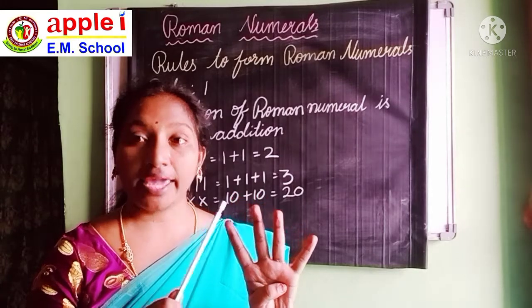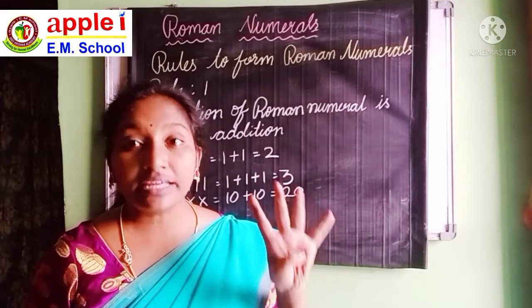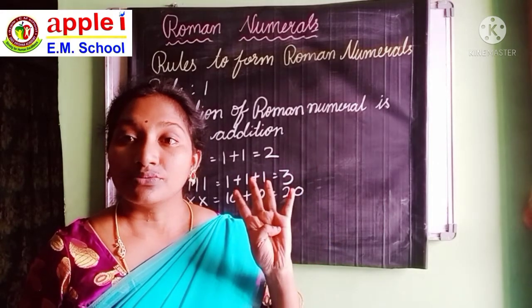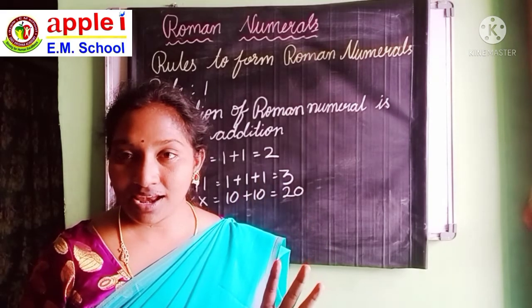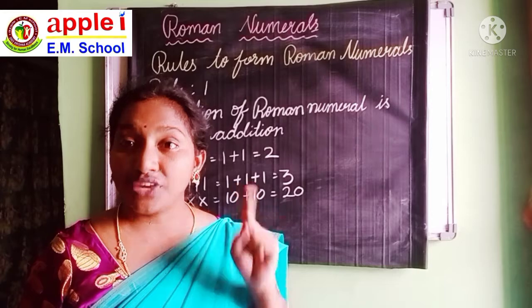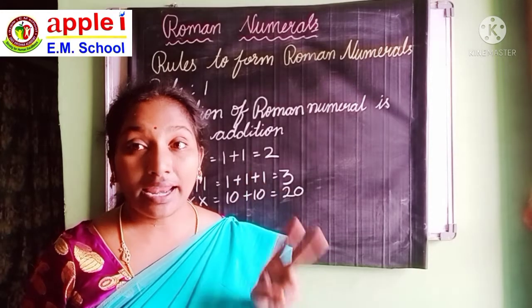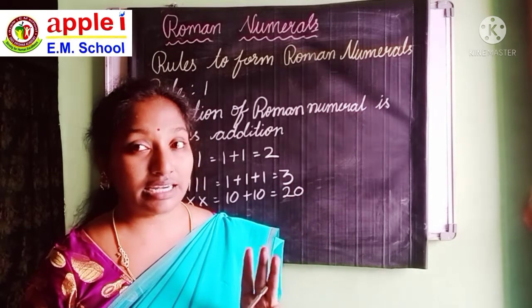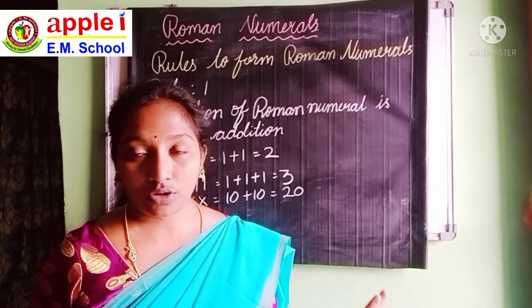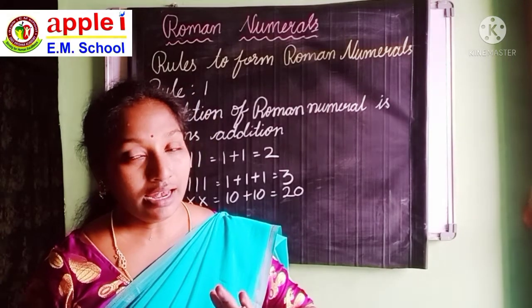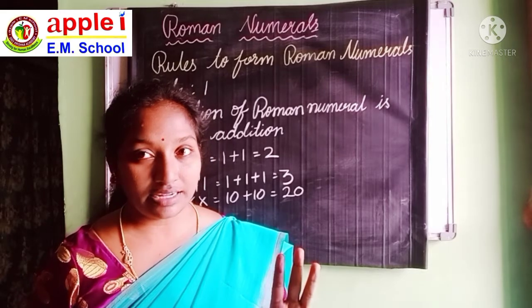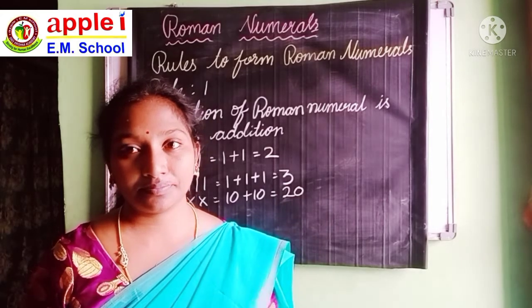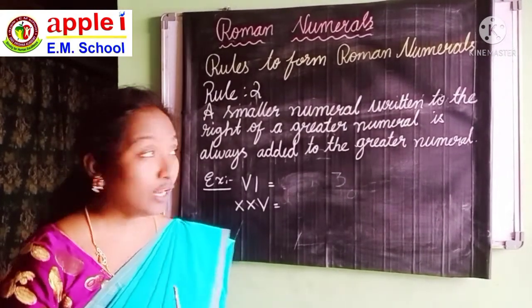And V, L, D: V means 5, L means 50, D means 500. These three we should not repeat. Remember these 2 points. Let us see the next rule.